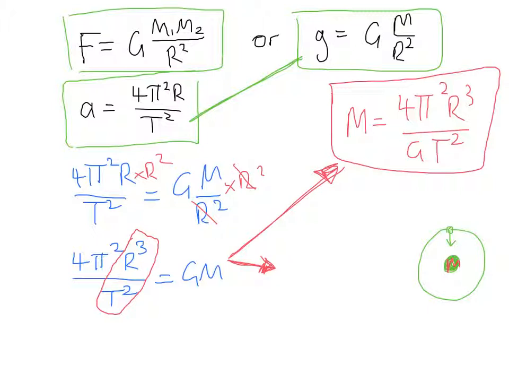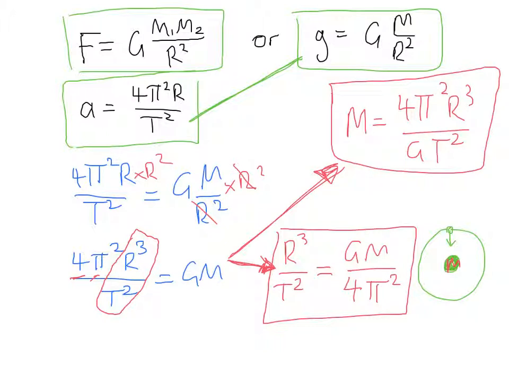I'll leave the r cubed over t squared there, and that will be equal to GM, and then we need to divide by 4 and by pi squared on the bottom. This gives us another equation.